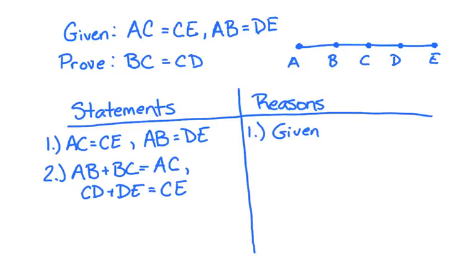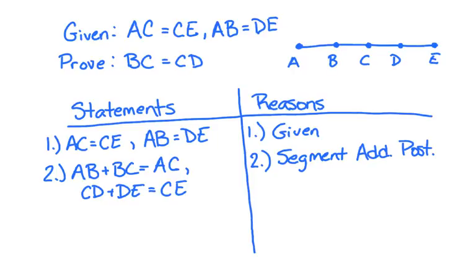So we are going to use what we know with the segment addition postulate to help us in figuring out the proven part of our statement, okay? So on step 2, list this right here. This statement is the segment addition postulate, which is going to help us in proving the next few statements. I'm just abbreviating it there.